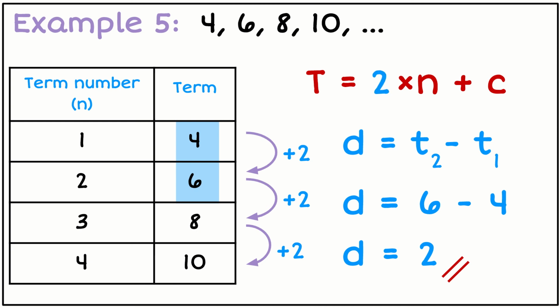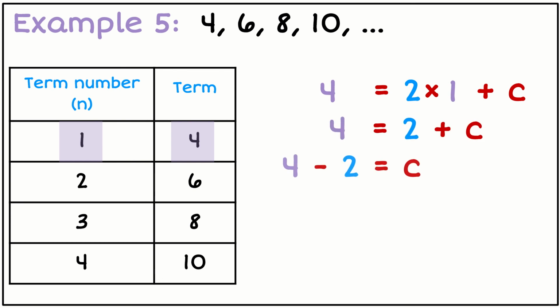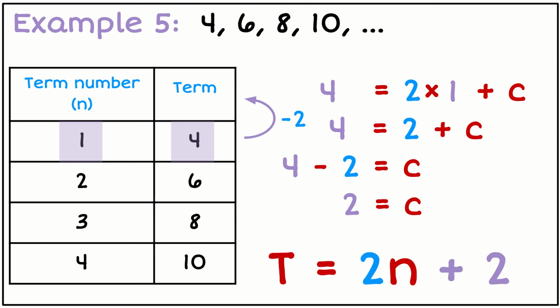And in my equation, I replace that difference with 2. Then I'm going to find the constant term. I'm going to take the first values, term is 4, and n is equal to 1, substitute them in, rearrange and solve, and that gives us a constant term of 2. So our final equation is t equals 2n plus 2.